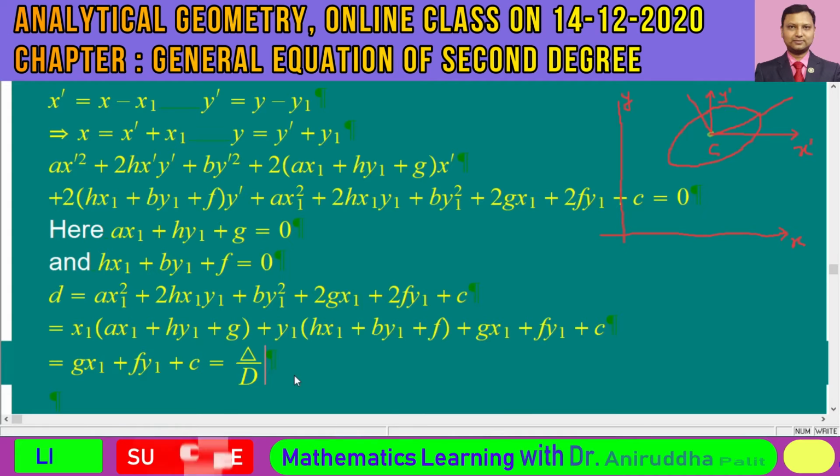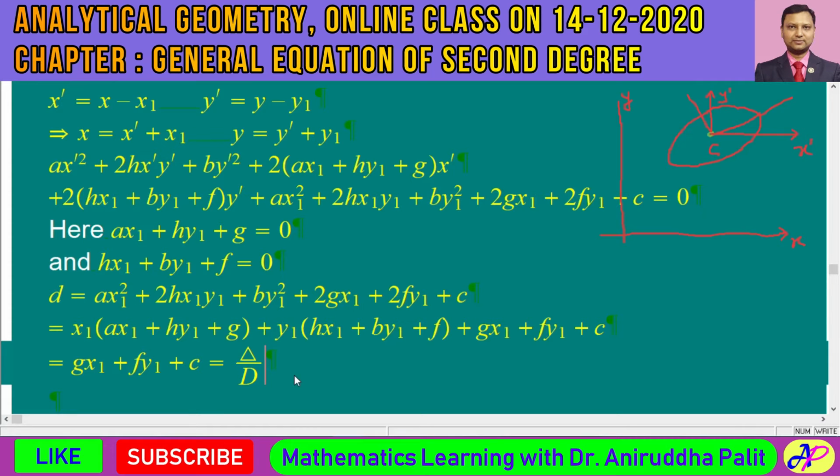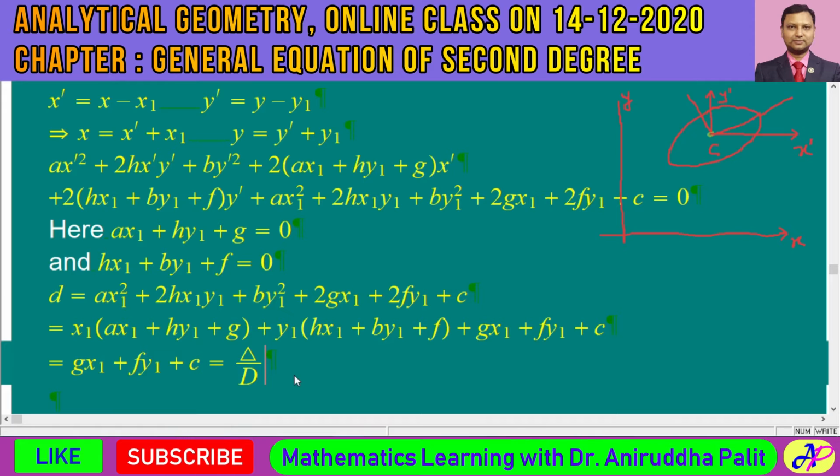Now is this much clear to you? This much computation? Is it clear up to this point? Yes, sir. Okay, hopefully it is clear to everybody. So let's continue now.